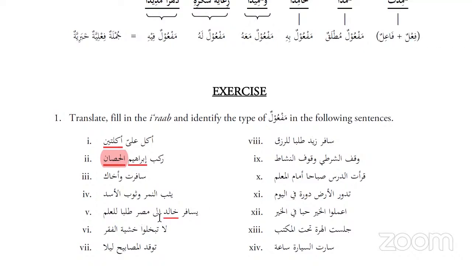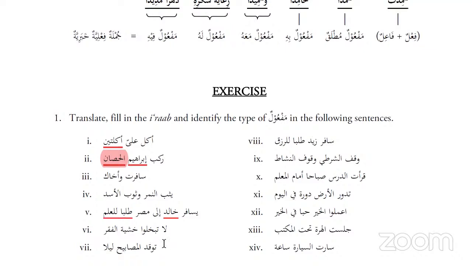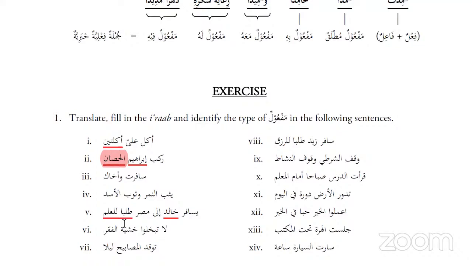Ila is a preposition and Misr follows it. Now, لماذا يسافر خالد إلى مصر? The answer is طلبا للعلم, seeking knowledge. Why did he travel to Misr? What is the reason? To get knowledge.